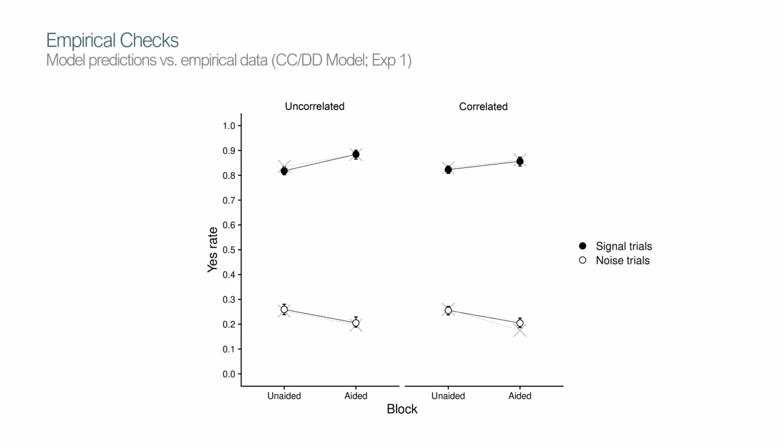We also conducted empirical performance checks to see how best fitting models predicted empirical data for all experiments. Here we have data from experiment 1, and what we're looking at is yes rates on the y-axis, how often people said yes, across blocks on the x-axis, unaided and aided blocks, and for 2 different panels representing an experimental manipulation for this experiment. We have empirical signal trials in black on top and empirical noise trials in white on bottom.